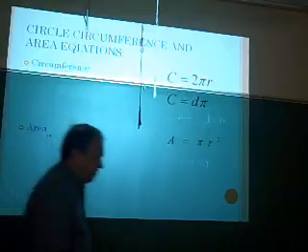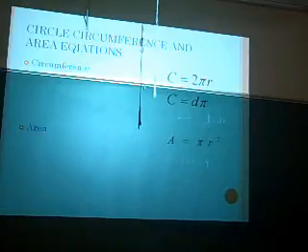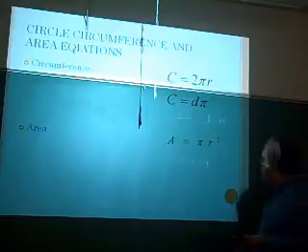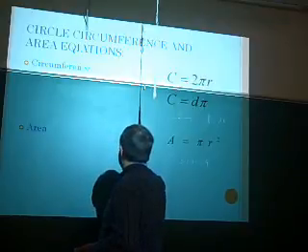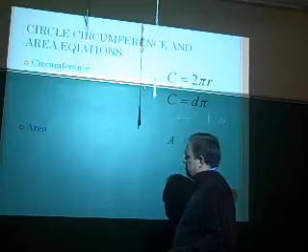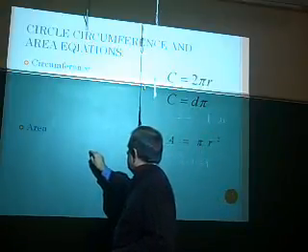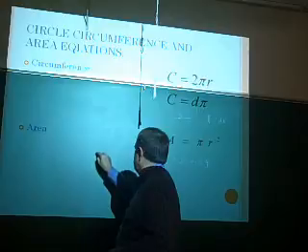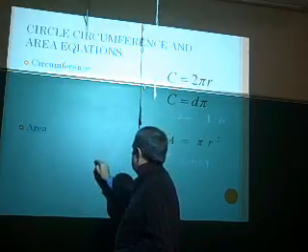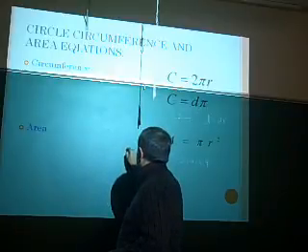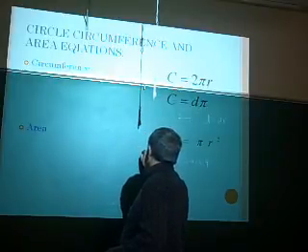Okay? So, if we have a problem where, for example, the radius is equal to 2 inches, and we want to find the circumference, that would be 2 times pi times the radius, which would be 2 times pi times 2 inches.